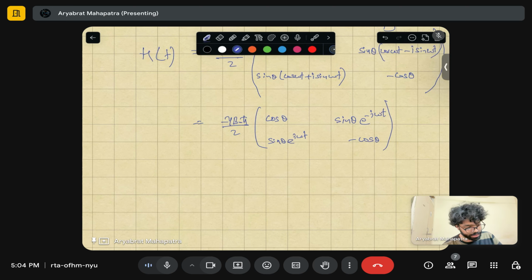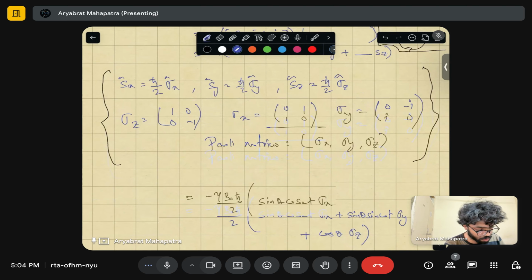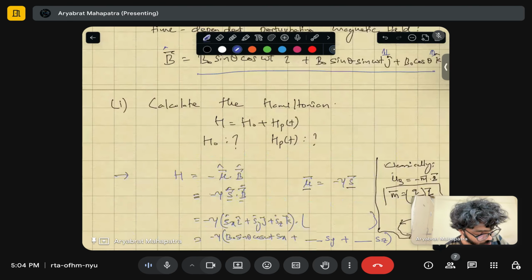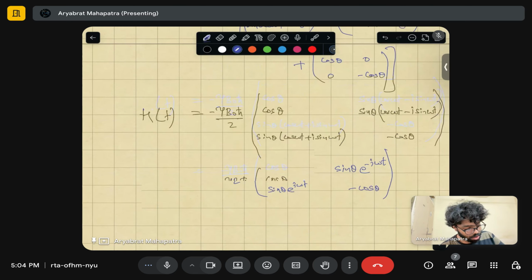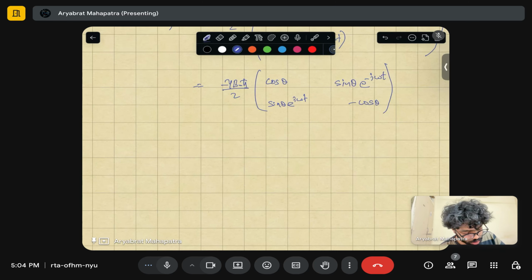Now, as I said, in the question as it is asked, this is some time-dependent perturbing Hamiltonian. We need to extract out what is the perturbing part of the Hamiltonian, which is time-dependent, and H naught, which is the time-independent, unperturbed part of the Hamiltonian. You can do this in the following way.